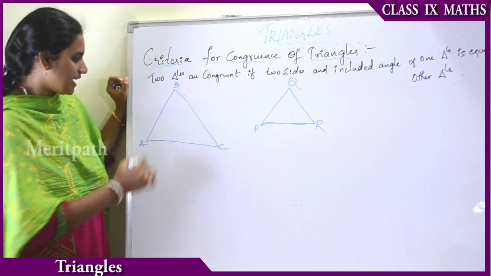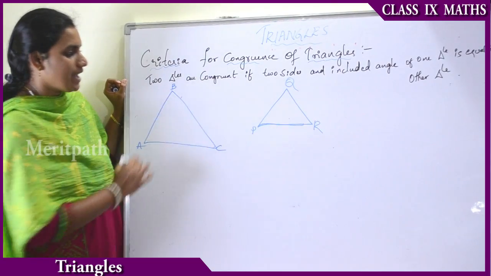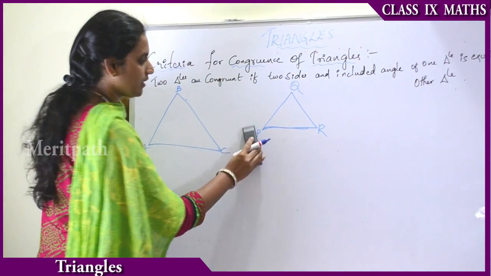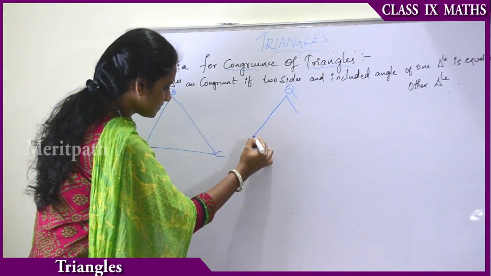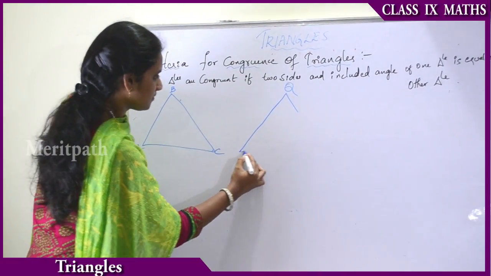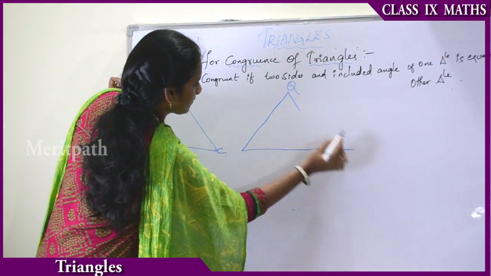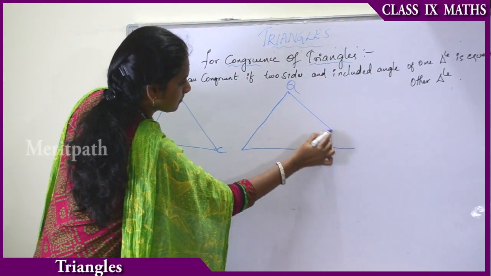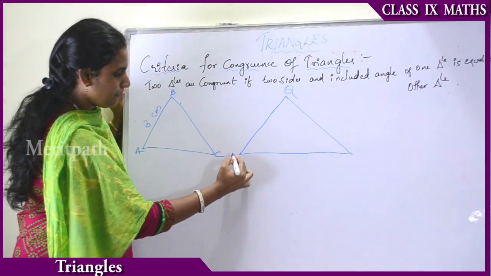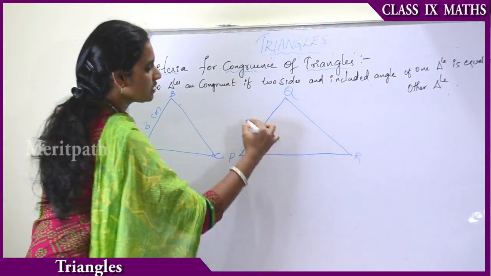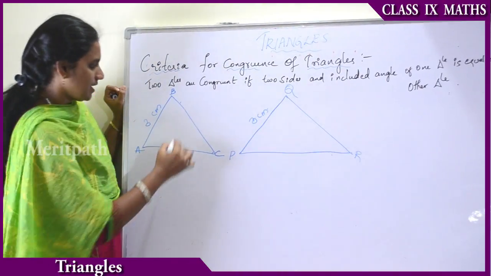Let us see that side AB and side PQ are of the same size. That is, AB is 3 centimeters and PQ is also 3 centimeters.